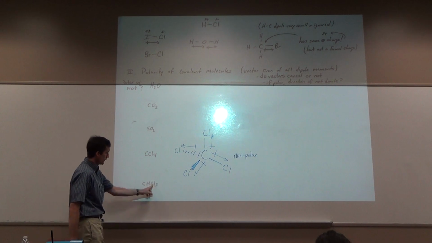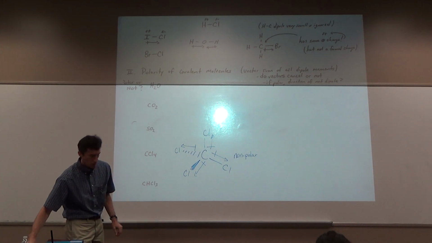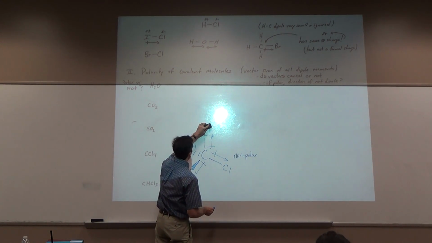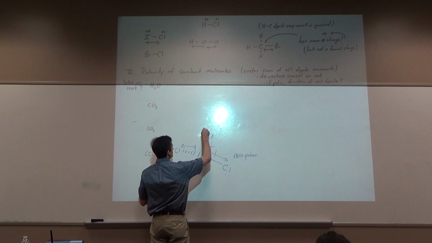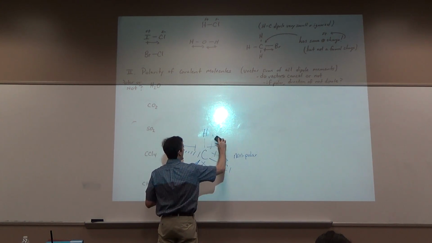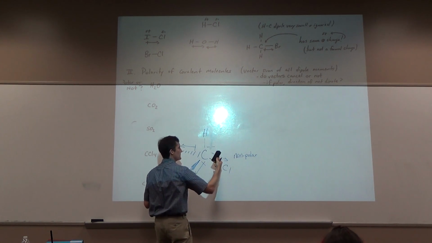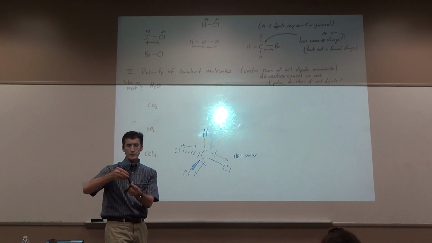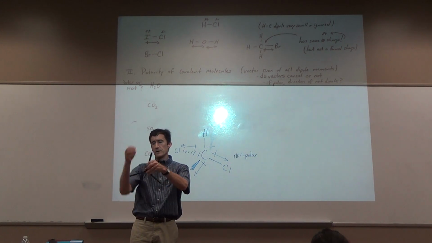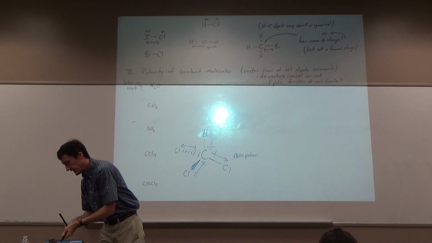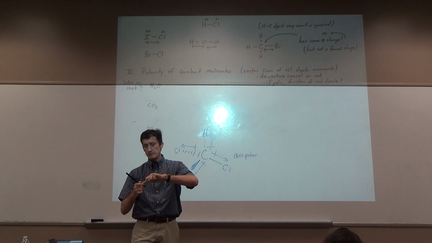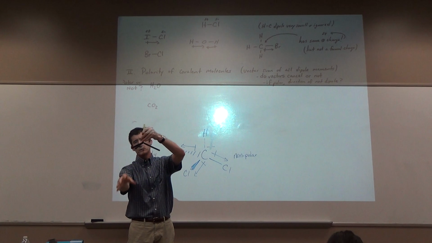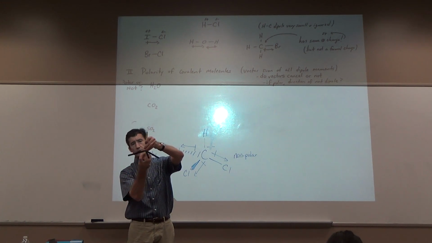What about chloroform, where instead of having 4 chlorines, it's only 3? Put the H here. So now there's no dipole pulling up. The only thing you have is the 3 chlorines pulling, and if you sum those up, they're pulling straight down.